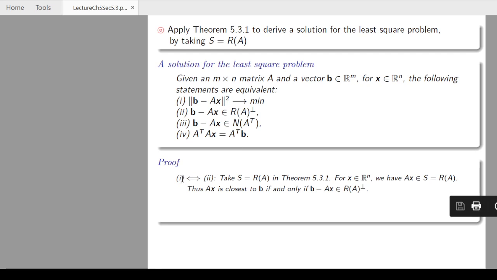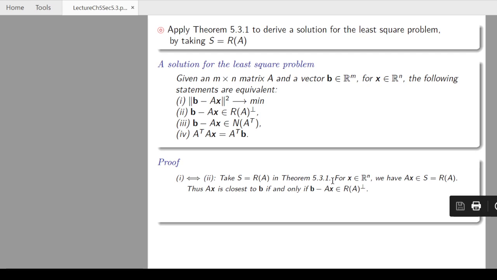First of all, let's look at why the first statement and the second statement are equivalent. In theorem 5.3.1, we take S equal to Ra.